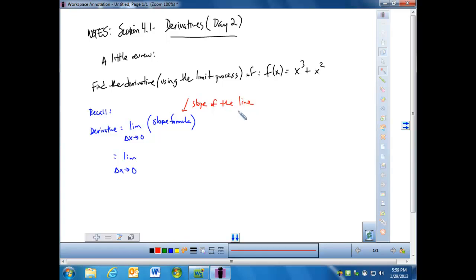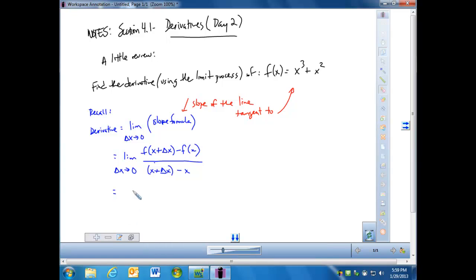As that secant looks more and more like a tangent, we're going to find the limit of the slope formula that finds the slope of that tangent line. To do that, we use this structure right here, plugging in x plus delta x everywhere we see x in the original function.